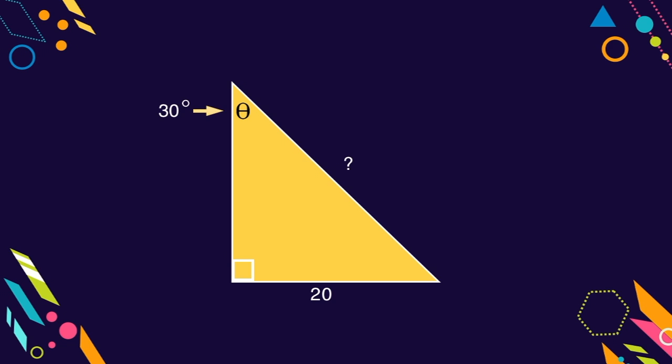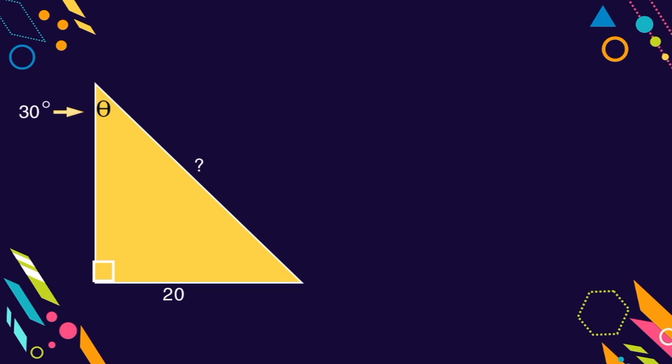Now, let's figure out the missing side of this triangle. Here, we can see that the opposite and the hypotenuse sides are involved. Therefore, we use the SOH formula, which, expanded, becomes sin theta equals opposite side over hypotenuse side. Here we know that the known angle is 30 degrees and the known side is 20.